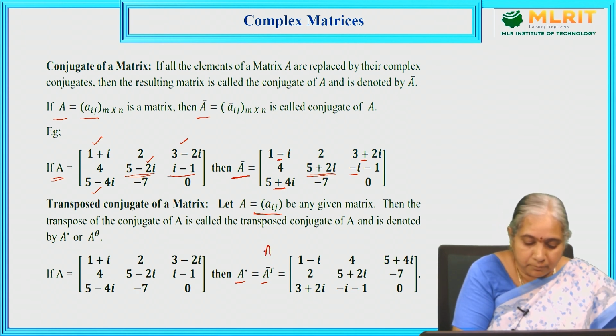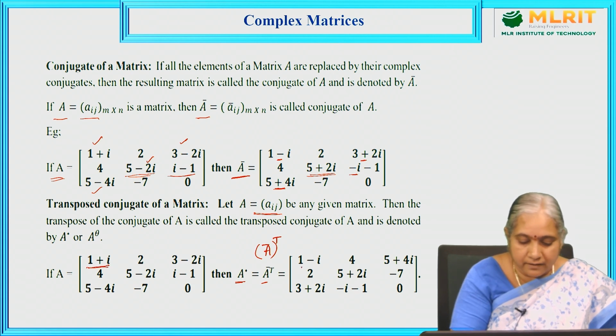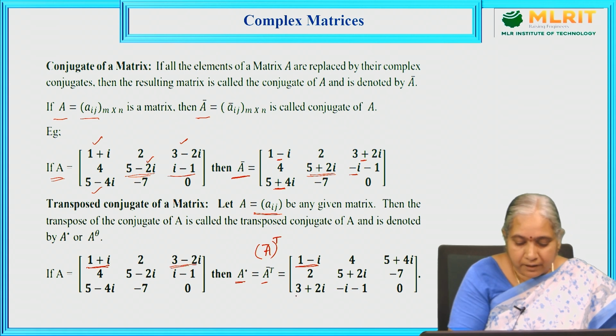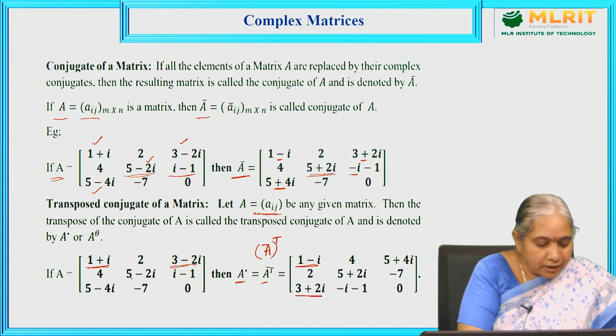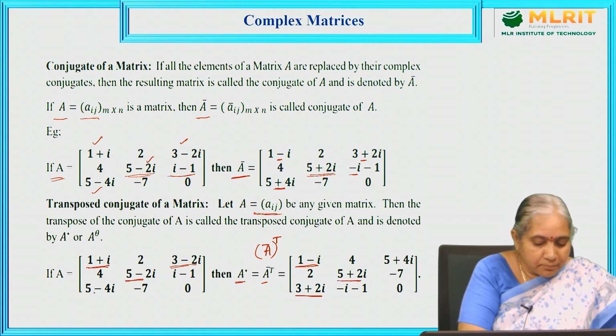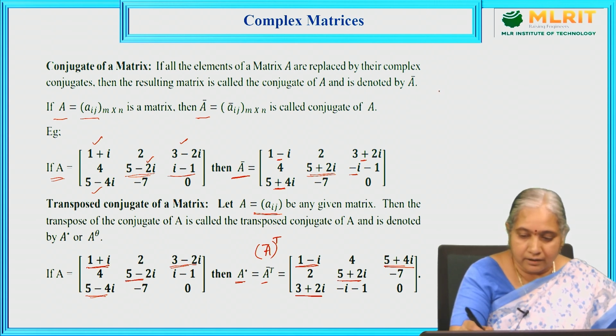First find the conjugate of the complex elements. The conjugate of 1 plus I is 1 minus I, 3 minus 2I is 3 plus 2I, 5 minus 2I is 5 plus 2I, and 5 minus 4I is 5 plus 4I. So this is the conjugate of the given matrix, that is A bar.